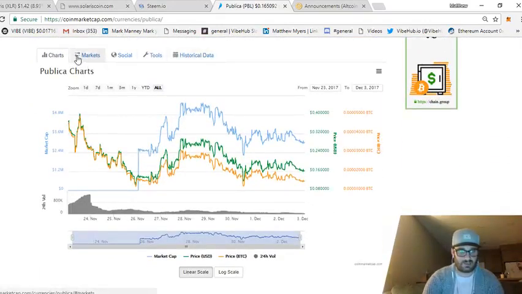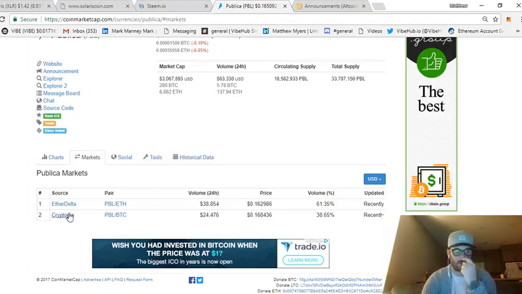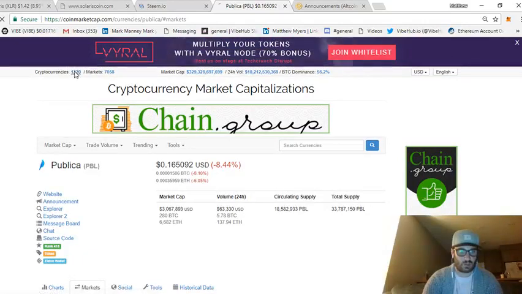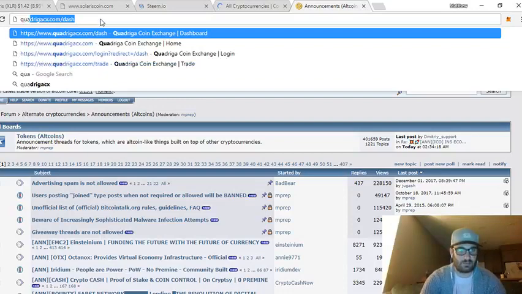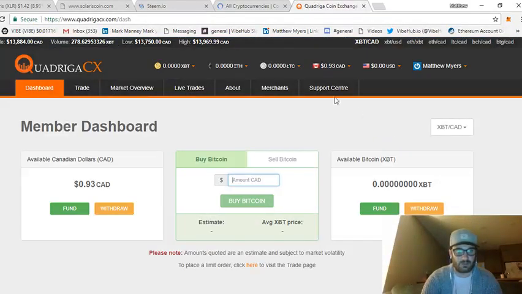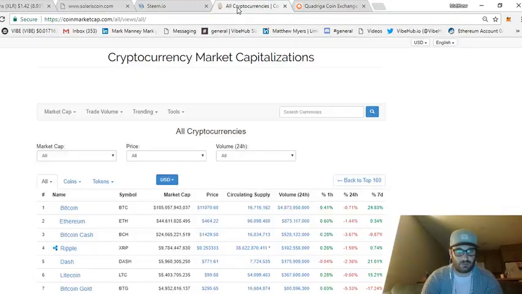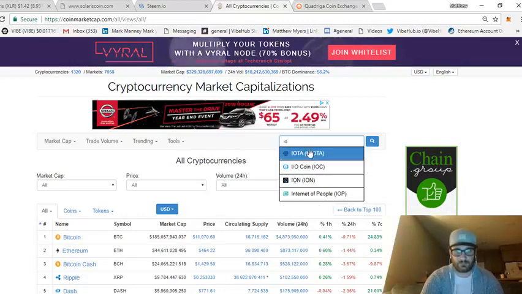And then you just check out what exchange it's listed on. So you go to markets, and then you'll see here it's listed on EtherDelta and Cryptopia. Now go back to Quadriga. You bought your Bitcoin, you have your Bitcoin good to go. You want to buy a coin, let's say IOTA.